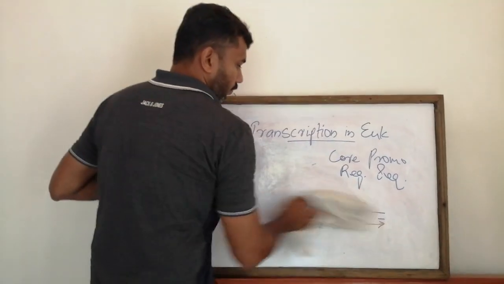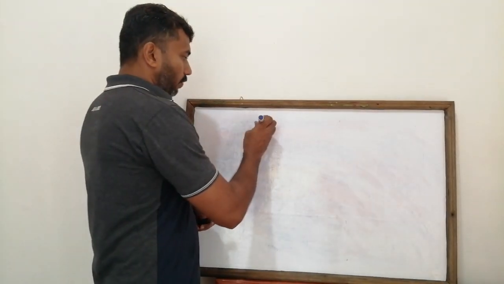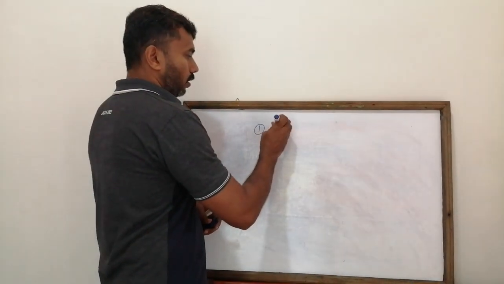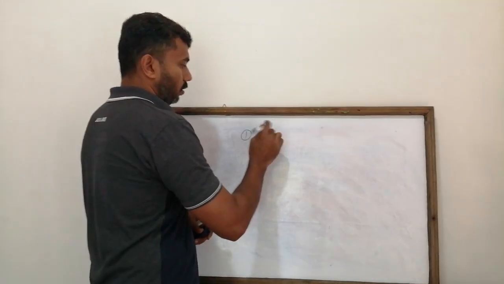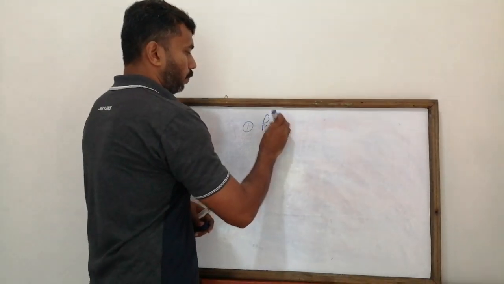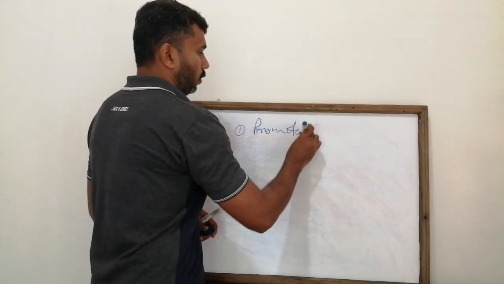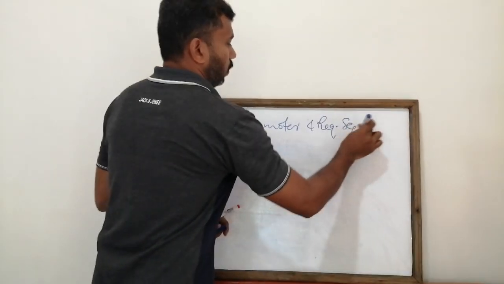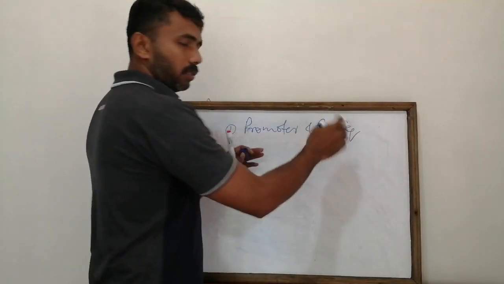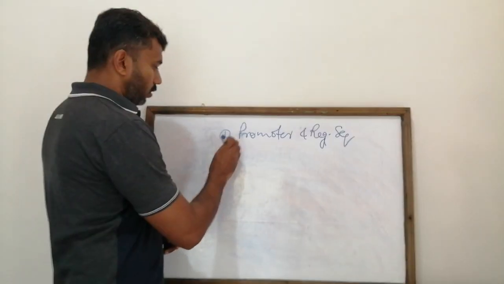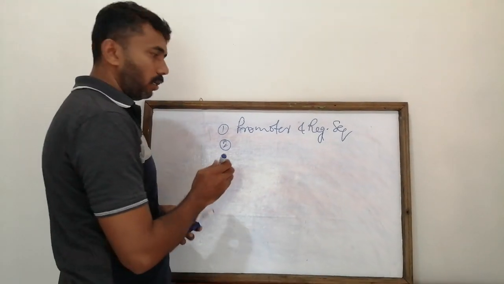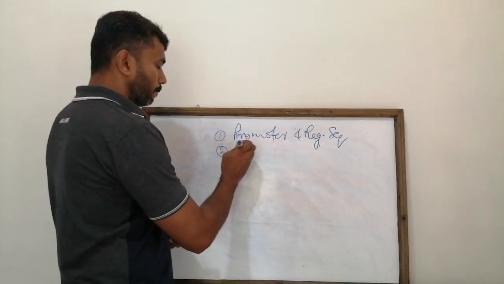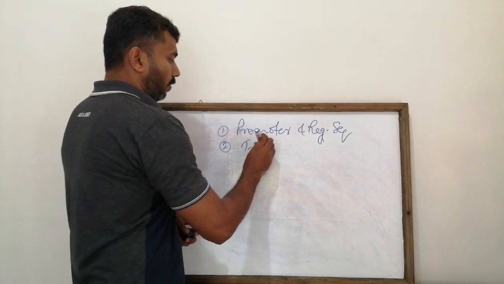The first element we discussed is the sequences, the promoter and regulatory sequences seen within the chromosome. And the second one we have to see for initiation is the transcription factors.